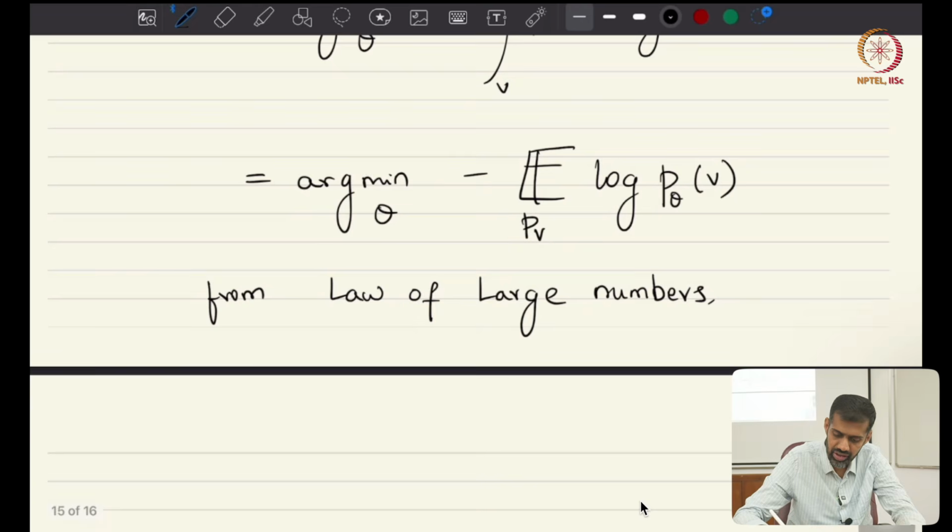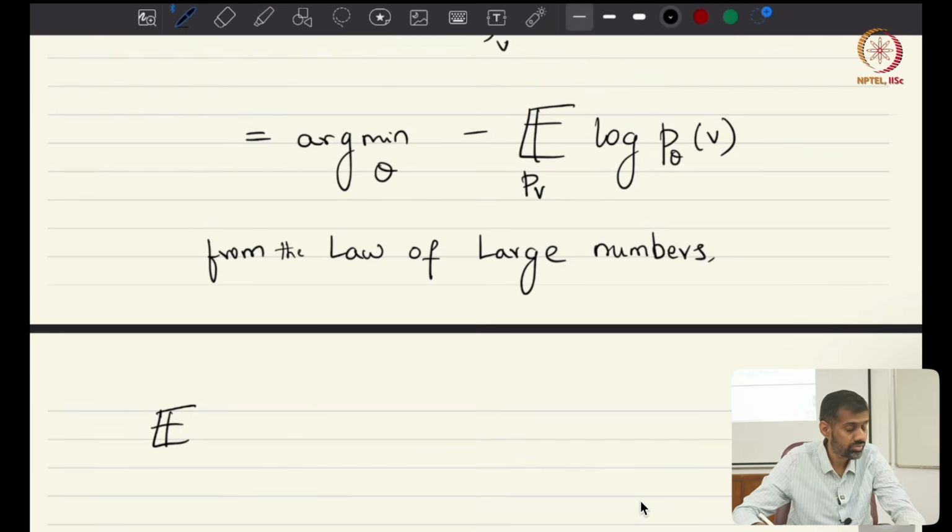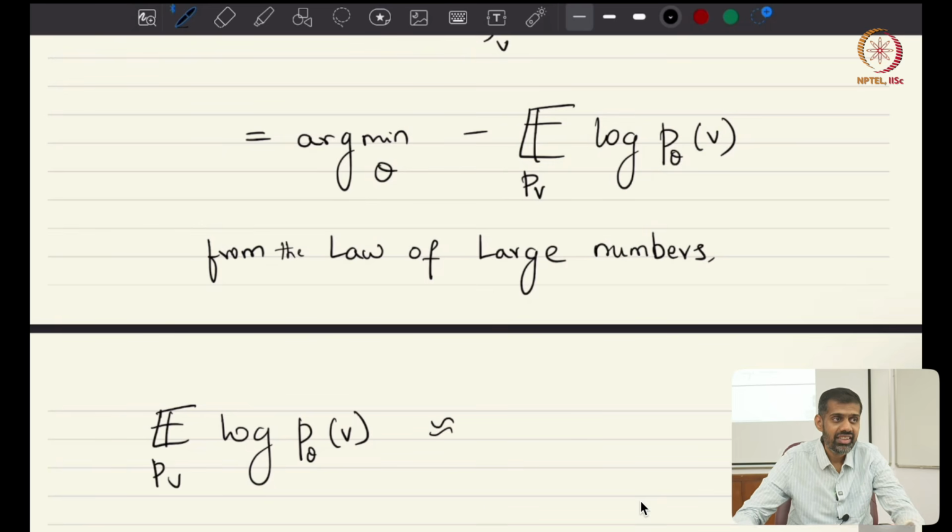From the law of large numbers, we have that the expectation of log of p theta v with respect to PV can be approximated by, what's the estimator? What is the estimator that would estimate the expectation? It's the sample mean. Okay.